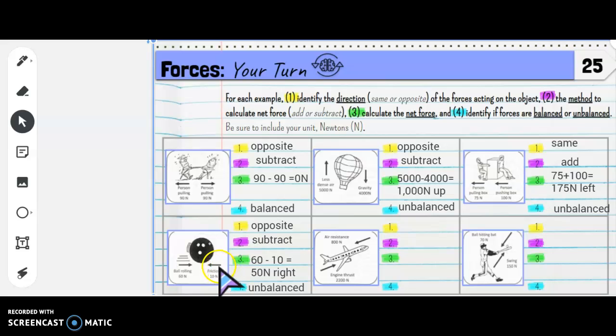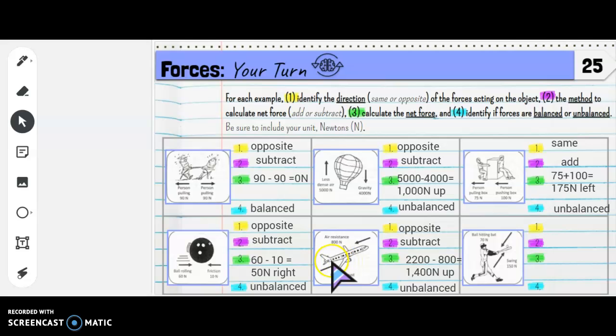And then friction is acting on the bowling ball to the left with the force of 10 newtons. So since they're opposite, you have to subtract. So 60 minus 10 gives us 50 newtons. And the greater force is pointing to the right. Since this is not equal to 0, the forces are unbalanced.